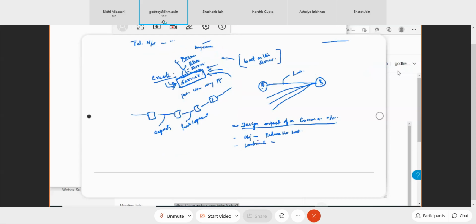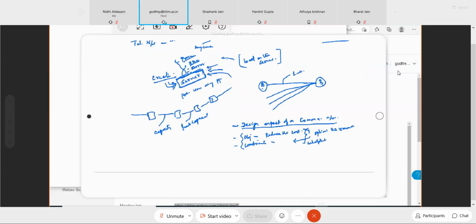Within this particular scope, you can define your problem and you have to optimize the resources so that the cost is reduced and all the constraints are satisfied. Okay?